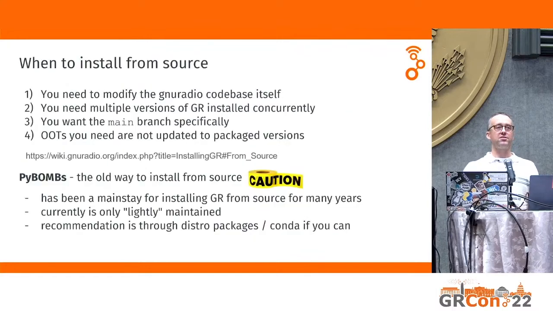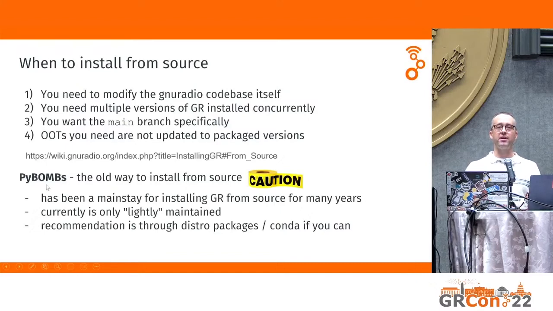And then, of course, there's installing from source. When do you want to install from source? Obviously, if you have to modify the code yourself, if you need multiple versions concurrently, so you want to have your own prefixes, or if you need some features on the main branch specifically. PyBombs has gone very lightly maintained.